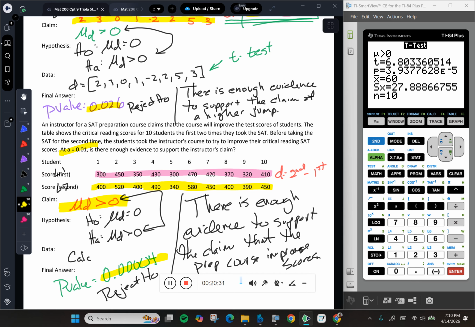If I had data and the claim was that things went down, then I'd want to take the first one minus the second one and show that that was positive. Right? So the logic of this needs to follow. How you set up your set D matches with the claim and then sets the hypotheses and runs the entire experiment.